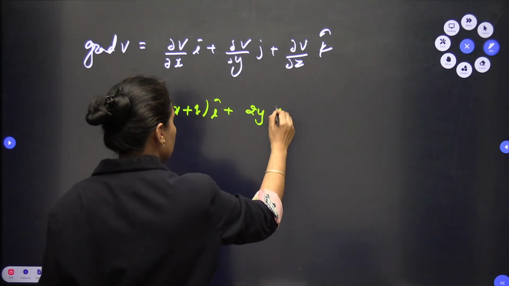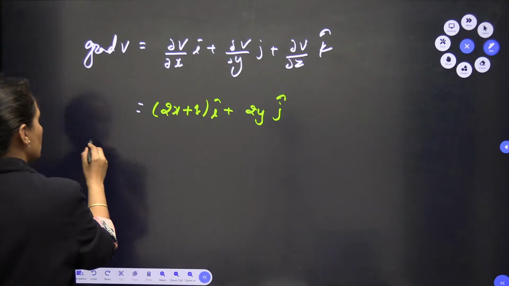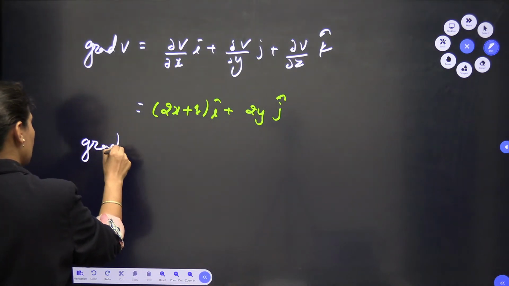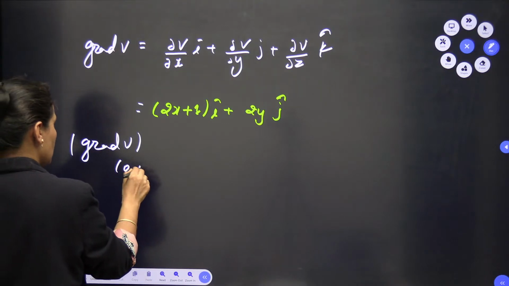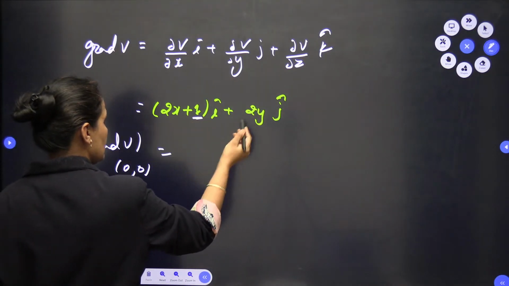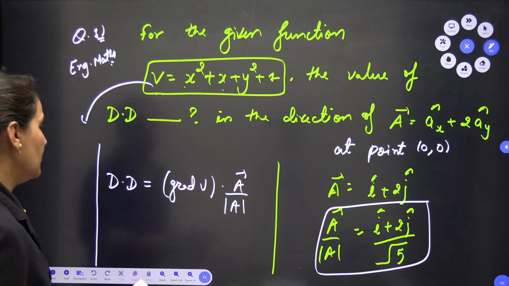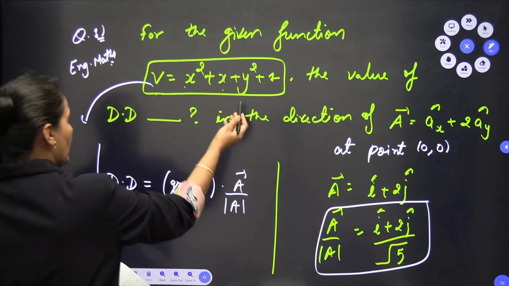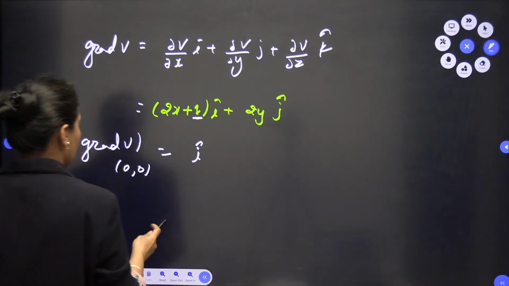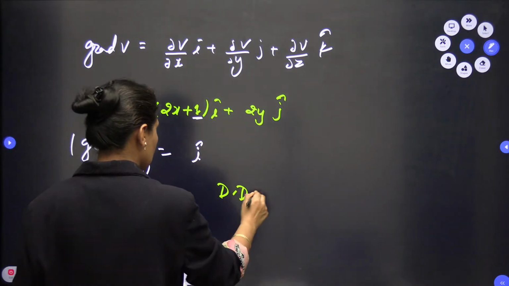So 2y j cap. The point is 0 0, so you can write the gradient of v at the point 0 0, which is 1 and only i cap, because 2y is 0. Now I am looking for the directional derivative.